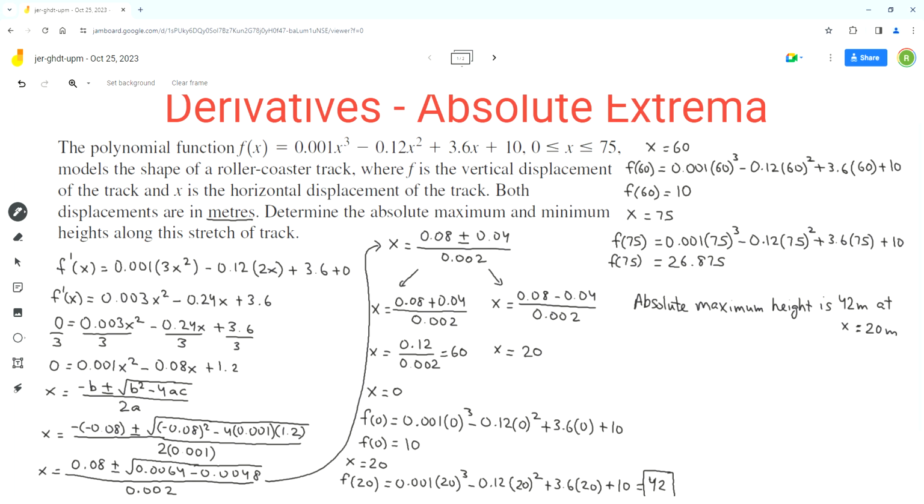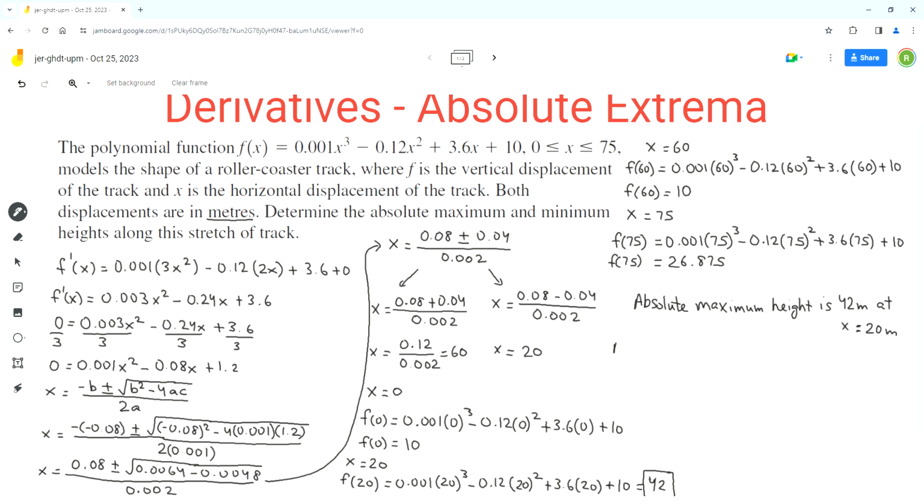And now we have to find the absolute minimum. So that will be the lowest function value, and that is equal to 10. And that exists at 2 x values, 0 and 60.